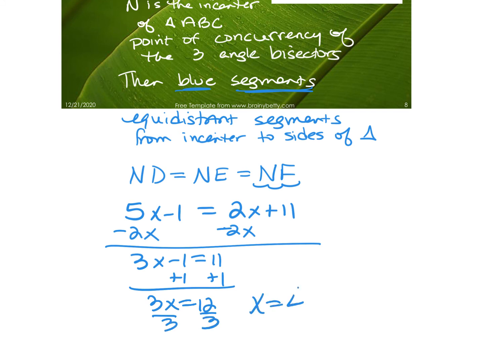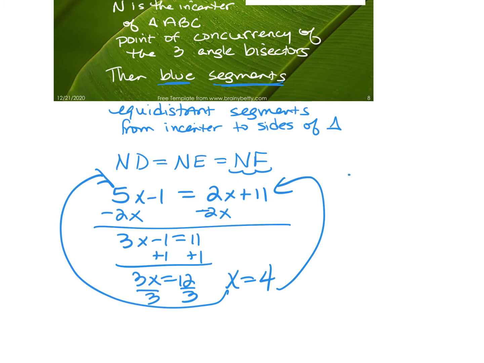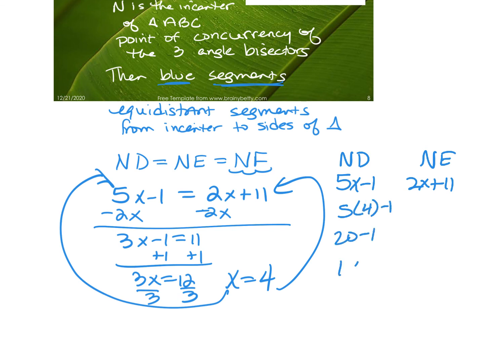And x equals 4. Now remember, it wanted me to find NF. Once I have x equals 4, I can plug it back into either ND or NE, because ND, NE, and NF are all equal. I'll show you I get the same answer either way. Plugging into ND, 5 times 4 minus 1, 20 minus 1, I get 19.